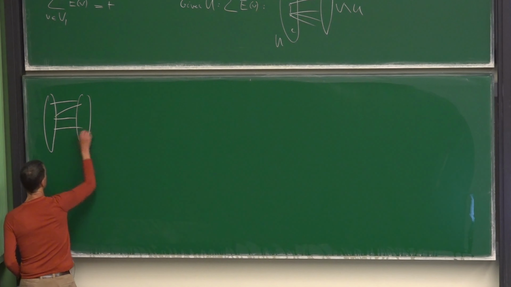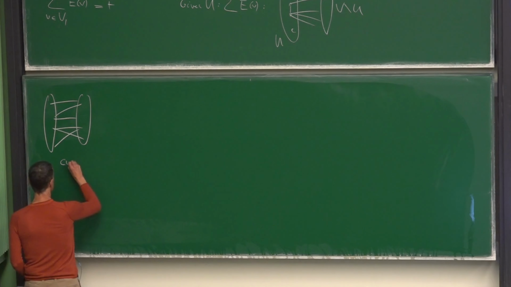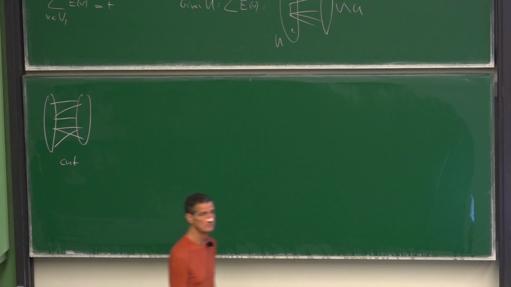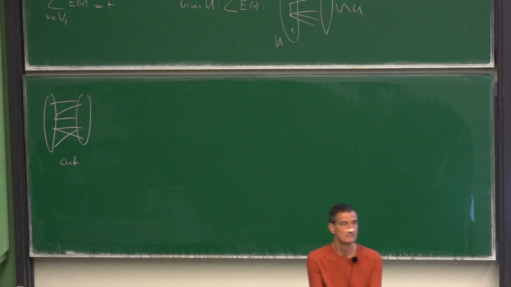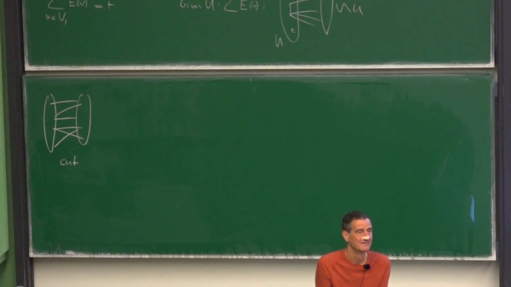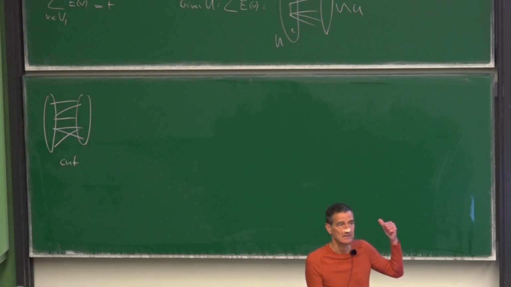So here's our cut, any cut. Can we find a subset that's a bond? Come on. Think of the definitions. What's a bond? What's the definition of a bond? A minimal non-empty cut. So we're starting with a cut, right?